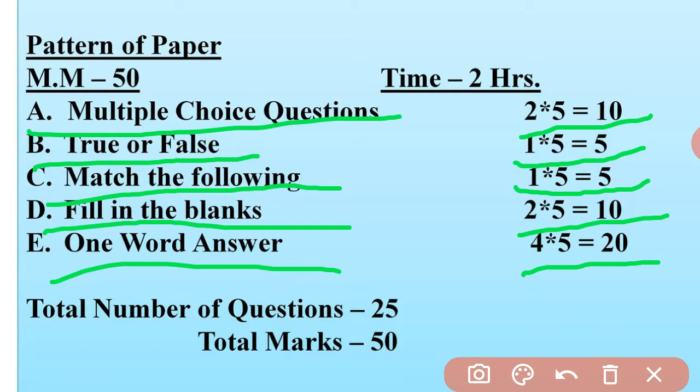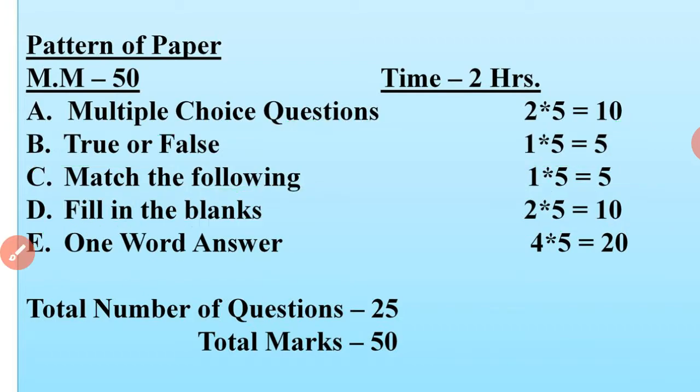In this you will be provided space in your online exam and you have to write the proper answer in one word. First you can solve it and then write the correct answer. In multiple choice questions there will be 4 options, you have to tick mark the correct answer. In true false also there will be 2 options, true or false, and in match the following you will get 2 options, so you have to tick mark the correct answer.